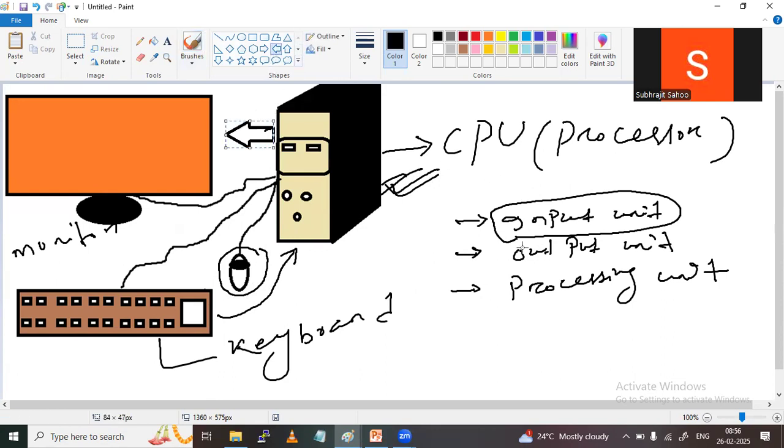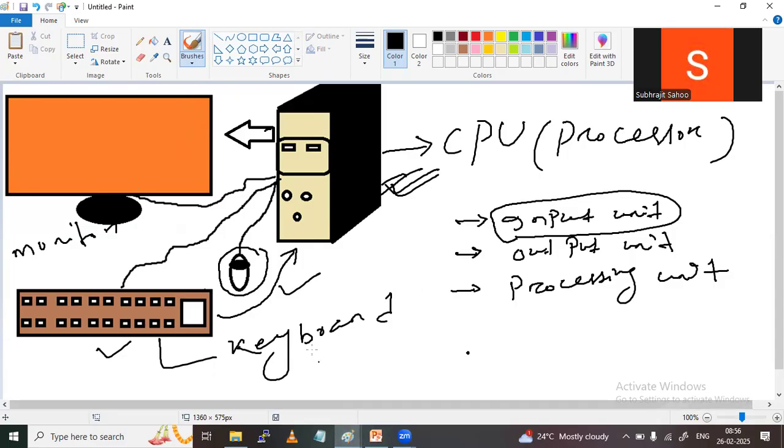Currently in this diagram, two input units are visible: one is the keyboard, another is the mouse. I hope you understand the function of the input unit. Any request you give is sent to the central processing unit through the input unit only.